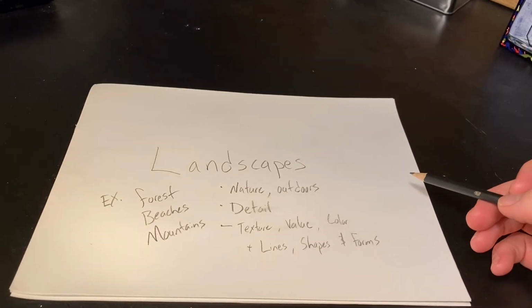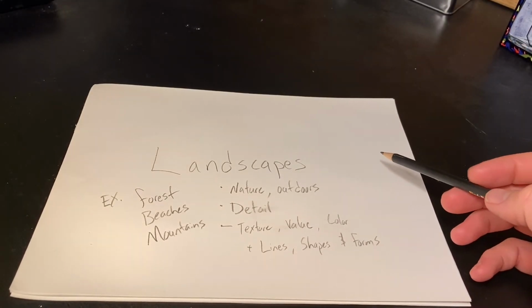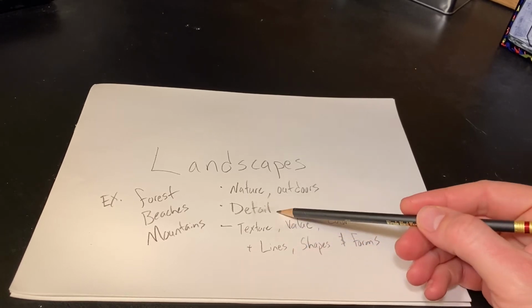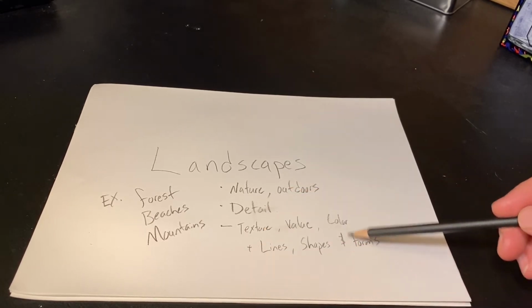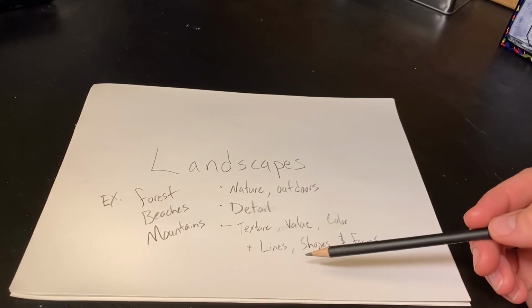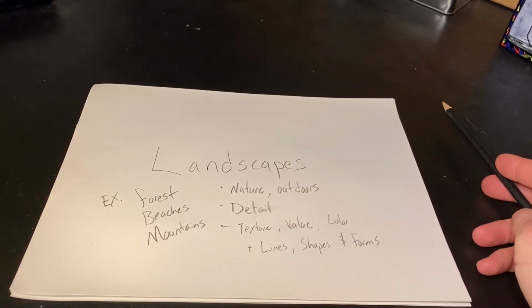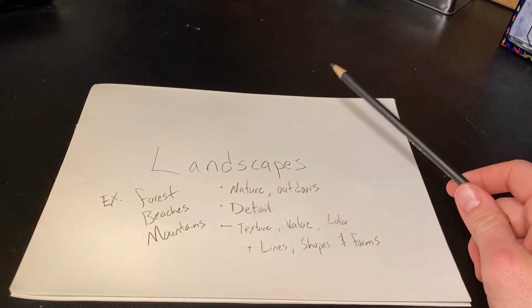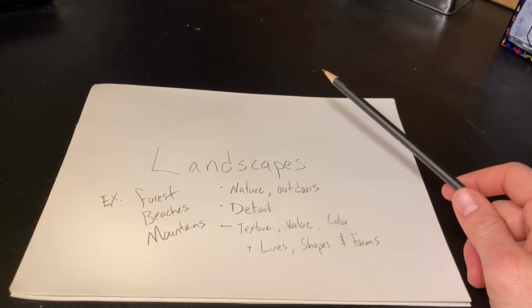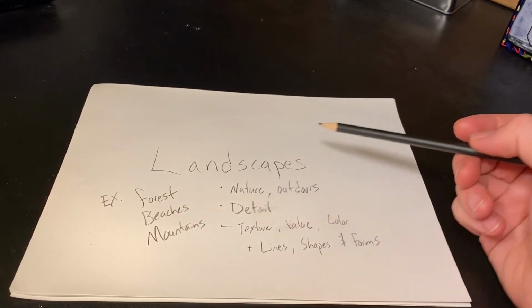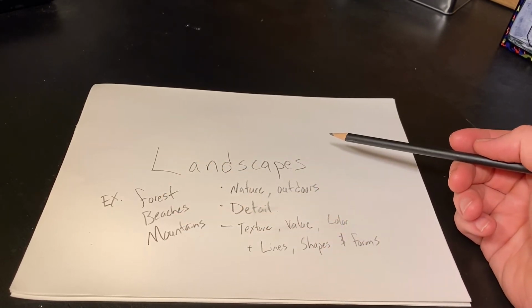So for this lesson, we are going to draw an example of a landscape, and we're going to focus on details using the things that we've learned already. Now, I'm not going to show you a step-by-step on how to draw a landscape. I will show you how to draw a couple examples of things you might find in a landscape. For instance, in most landscapes, you'll find trees, right?